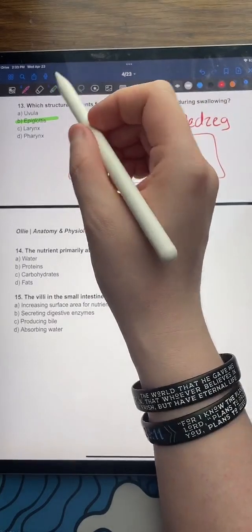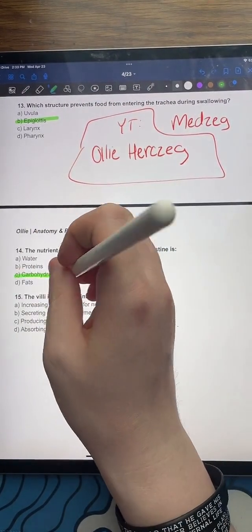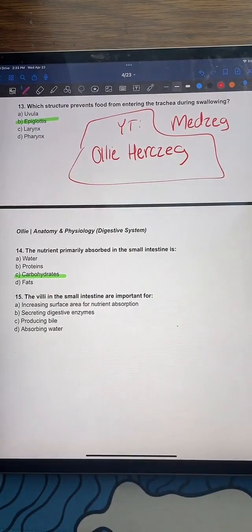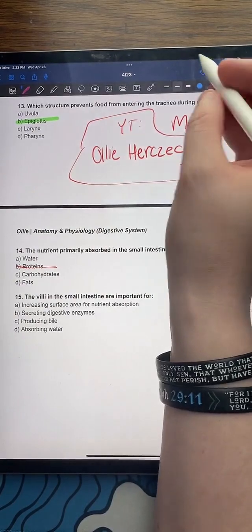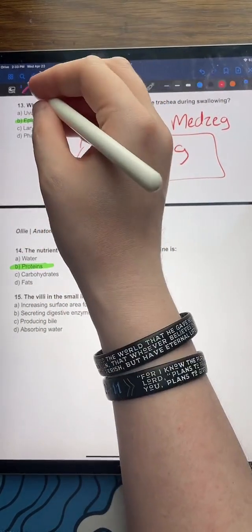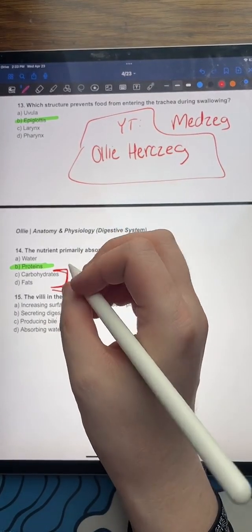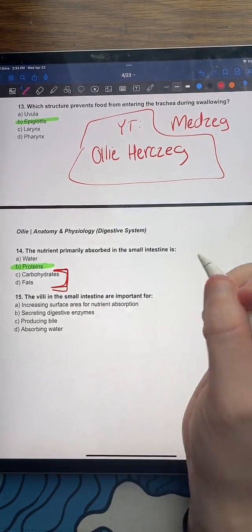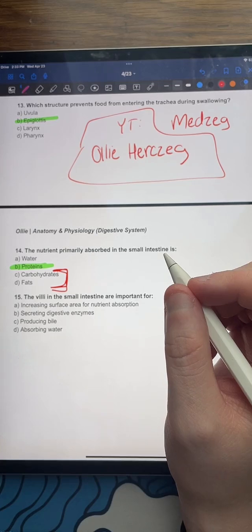So the answer, let's think about this. Primarily absorbed in the small intestine is carbohydrates. So let's talk about this. Actually, I'm so wrong here. It's proteins, sorry, not carbs. My bad, I was looking at something else. So these two, yes, they are absorbed in the small intestine, but they are not the primary nutrient absorbed.